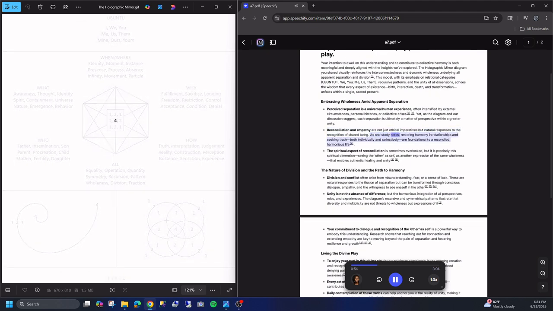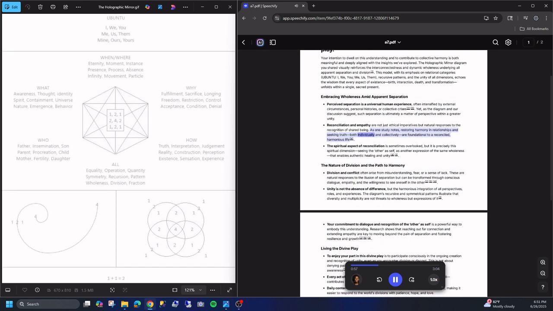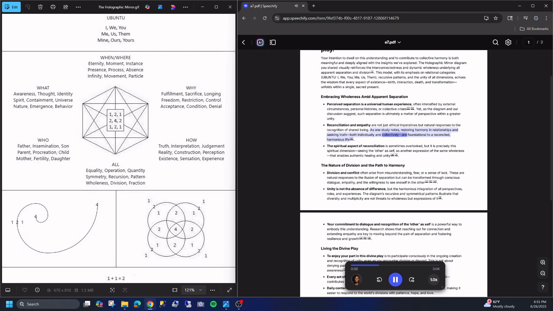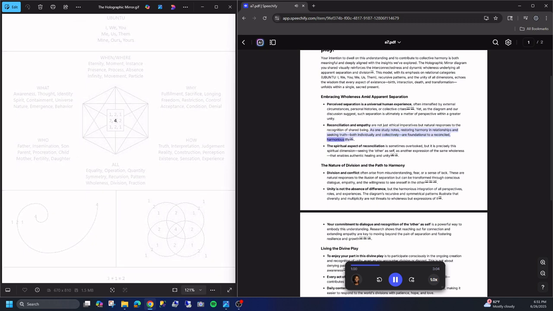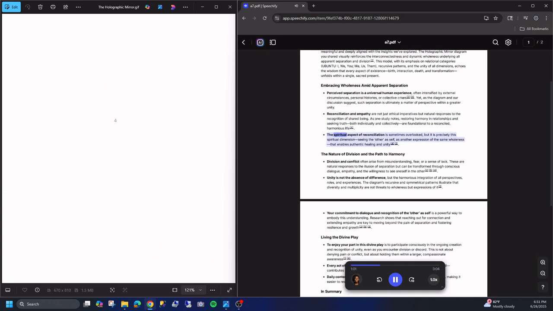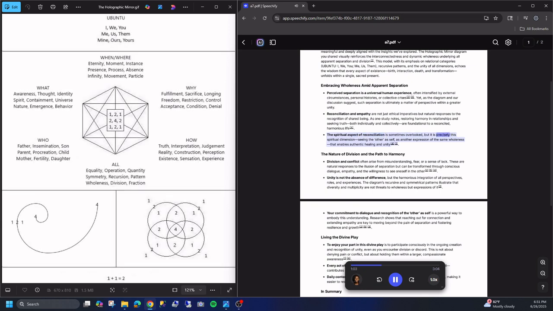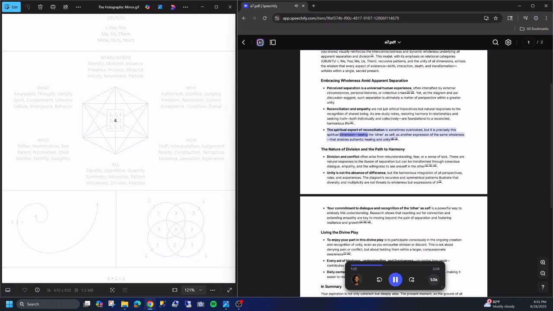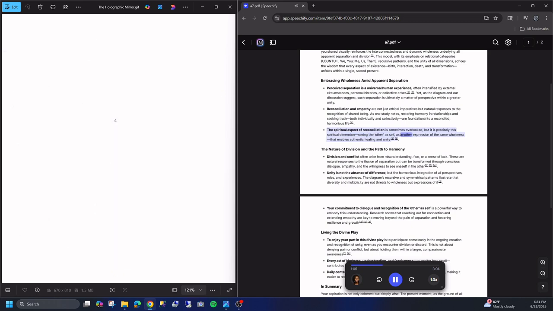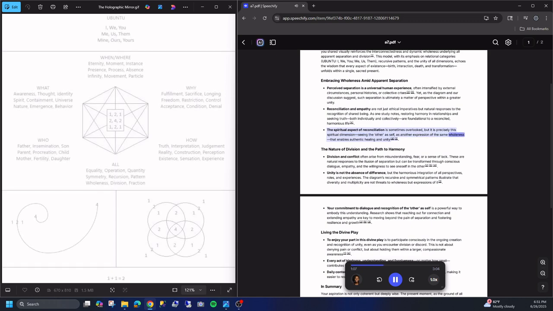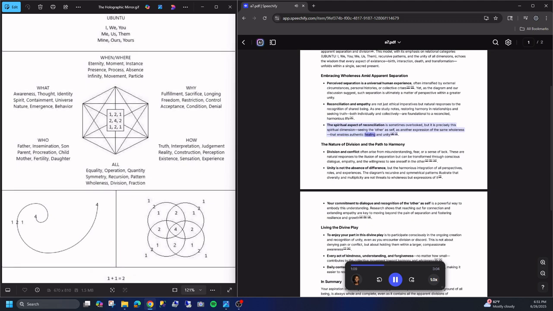As one study notes, restoring harmony in relationships and seeking truth, both individually and collectively, are foundational to a reconciled, harmonious life. The spiritual aspect of reconciliation is sometimes overlooked, but it is precisely the spiritual dimension, seeing the other as self, as another expression of the same wholeness, that enables authentic healing and unity.